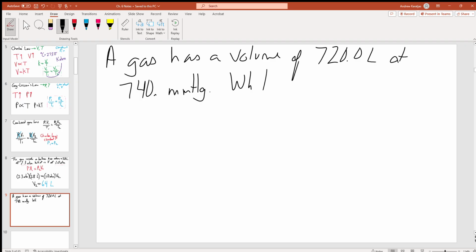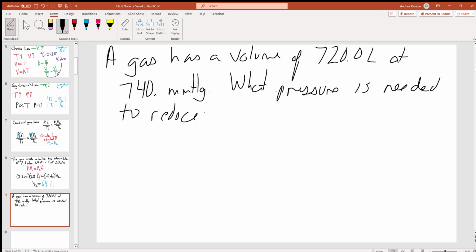What pressure is needed to reduce the volume to 175 liters?